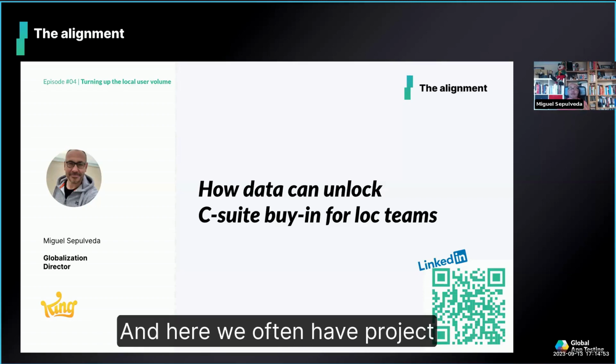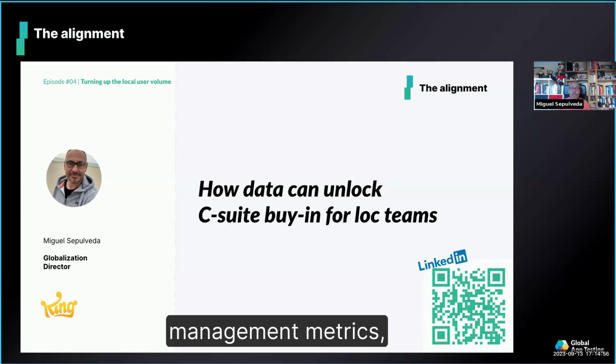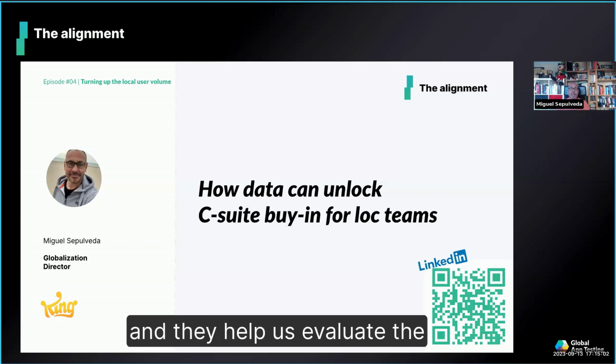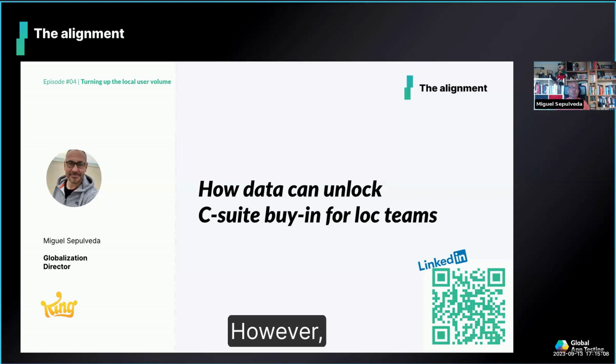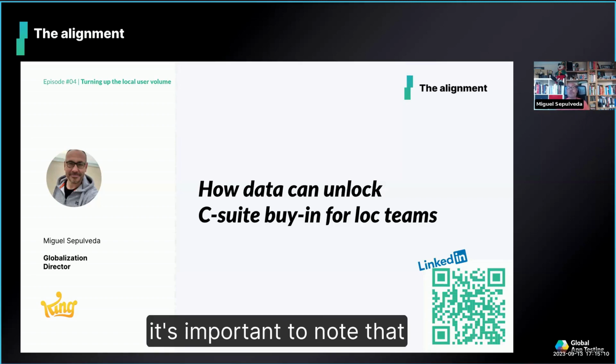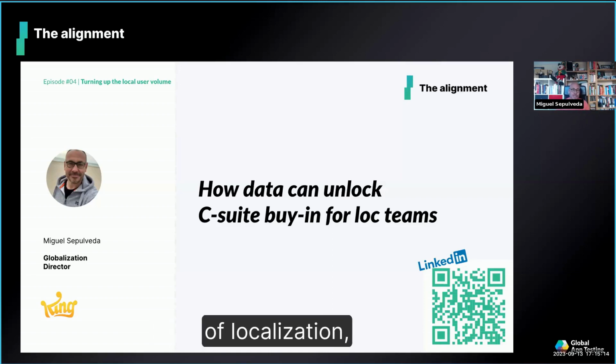Here we often have project management metrics, financial metrics, quality metrics. All these metrics are crucial and they help us evaluate the efficiency of our localization strategy. So we need them. However, it's important to note that these metrics don't fully explain the added value of localization.